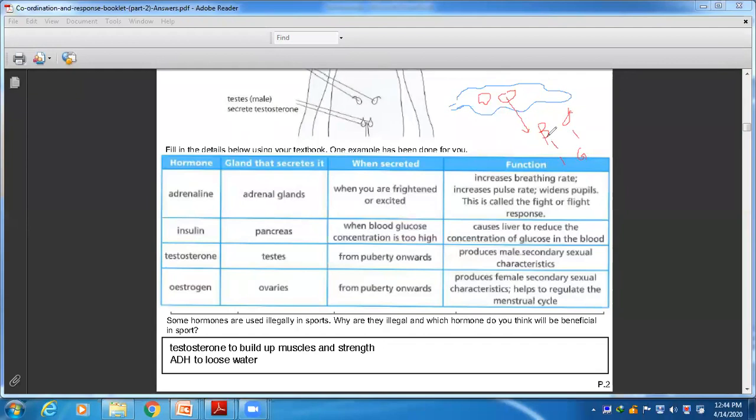While if there is a high level of glucose in your body, insulin will be produced, and that insulin will increase breakdown of glucose or will convert the extra glucose into glycogen, and thus it will bring the glucose level to normal. I think it is clear now, Nabil, right?